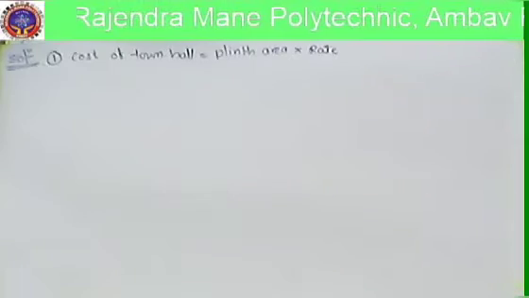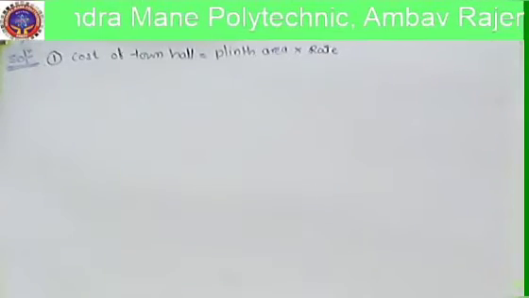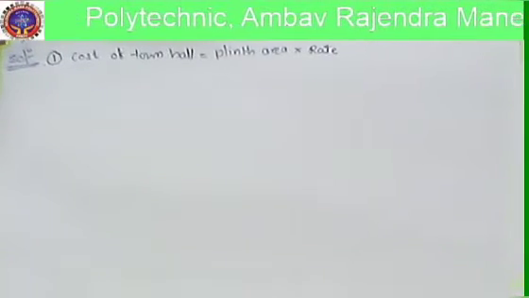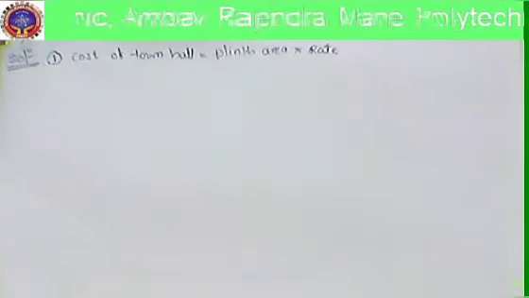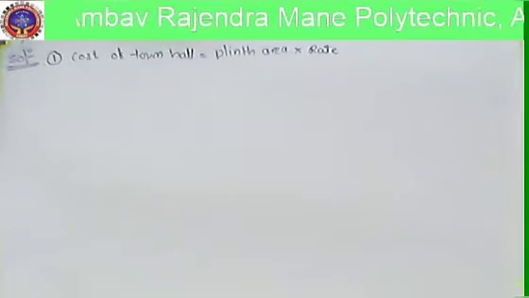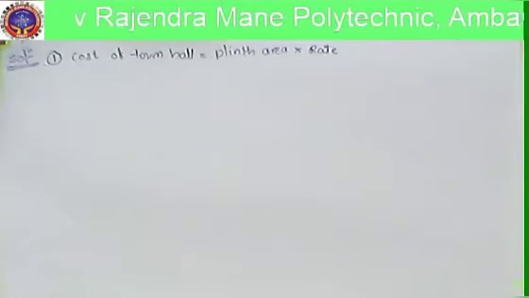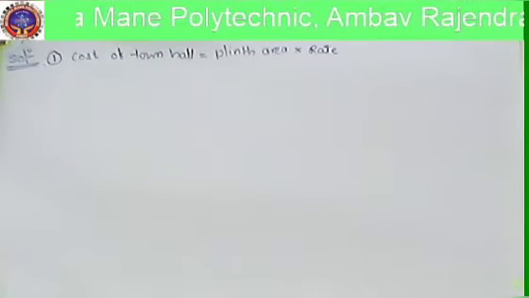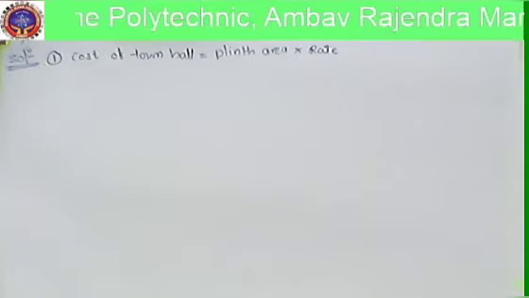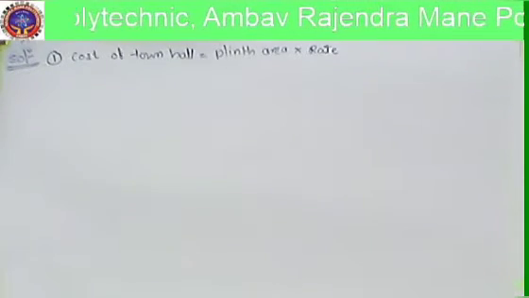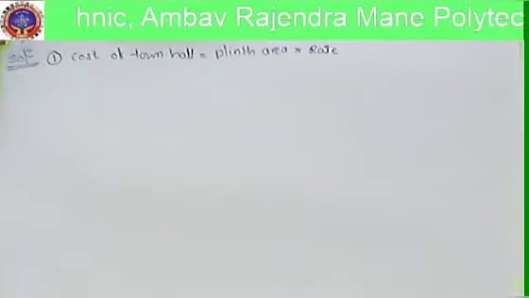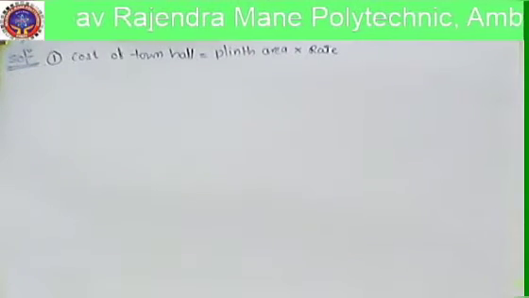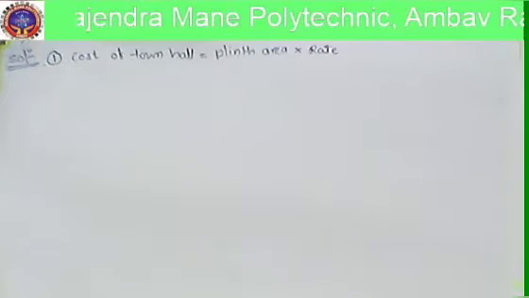Let's see the solution of this problem. We have given plinth area rate 4000 rupees per square meter, and the plinth area of the town hall is 1500 square meter. Already we discussed in the last video that the cost of any building is equal to plinth area into rate of the plinth area.